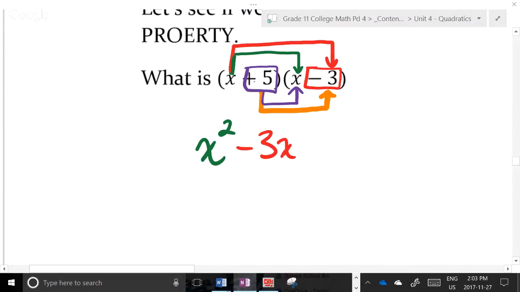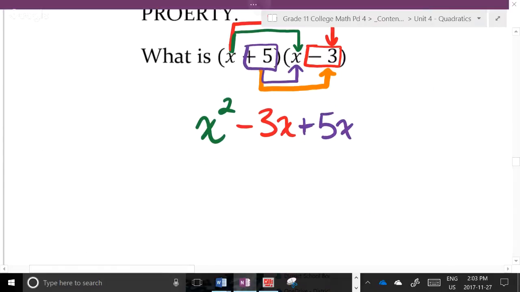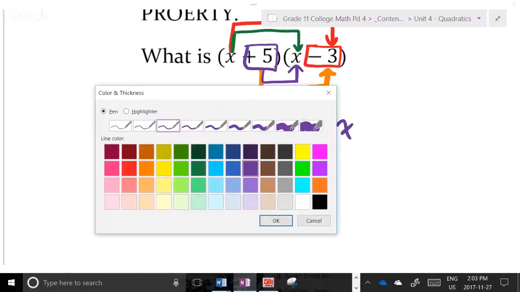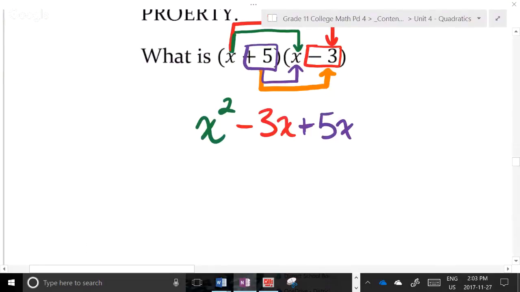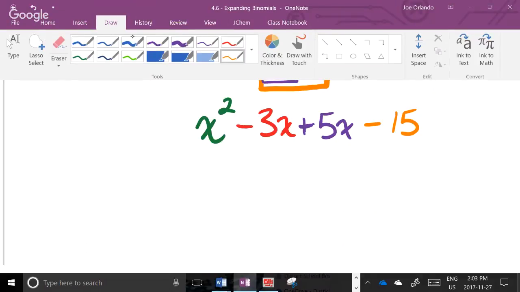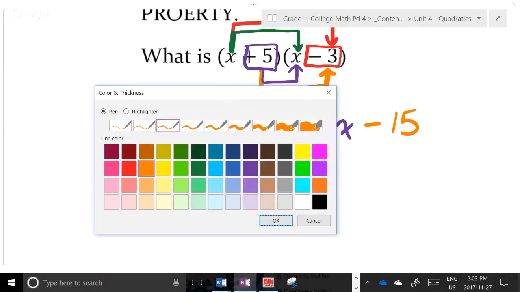And is that positive or negative? Positive. And then here we have a positive times a negative. What is 5 times 3? Yeah, 5 times 3 is 15. And because one is positive, one is negative, when we multiply a negative by a positive, the answer is negative. Okay. And now we're almost done.